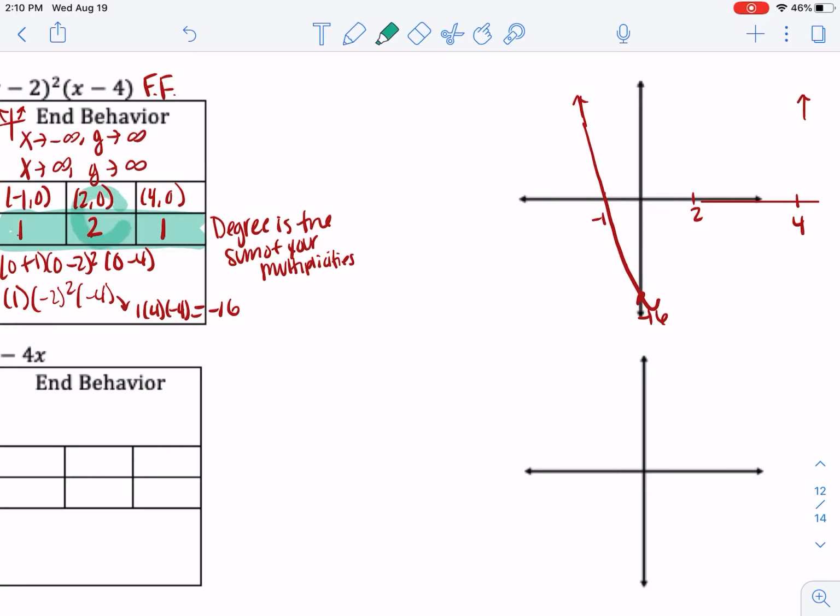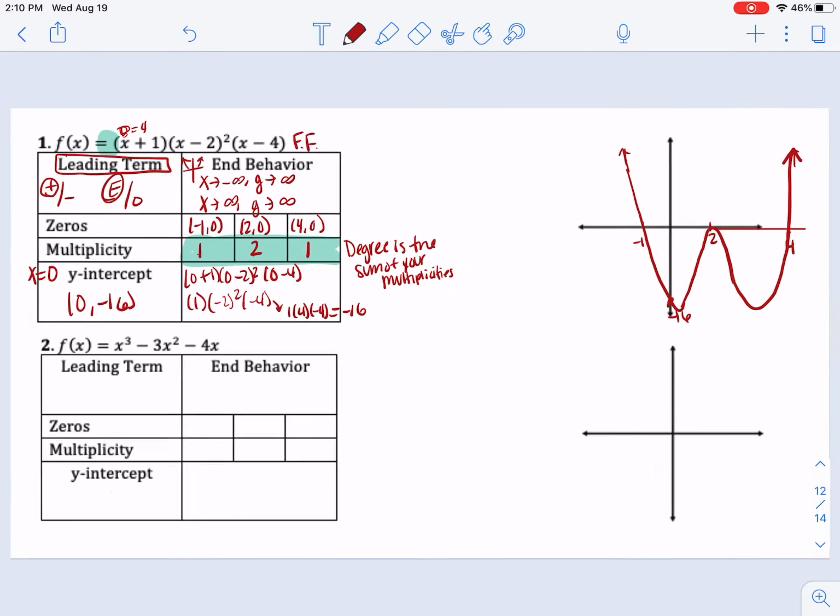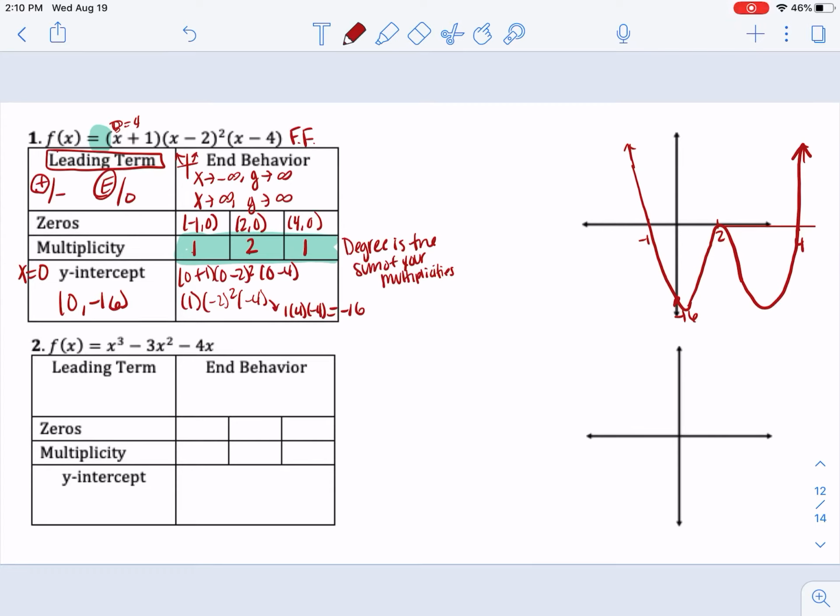As I decide what to do here, I'm going to see that at the zero at 2, the multiplicity is 2, so it's going to bounce. I'm going to come up to it, hit it, and turn back around. Last but not least, I know I'm going to turn around to get here. When I get to it, it's just going to go straight through. And that is sketching a polynomial using the information we've talked about.